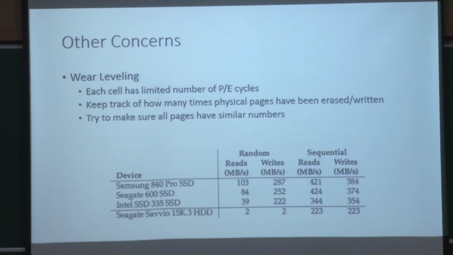But with flash devices or other non-volatile memory devices, phase change memory or anything else that might be there, there is this problem of things going bad if you write to them too many times. So what that essentially means is that you have to spread out your writes.